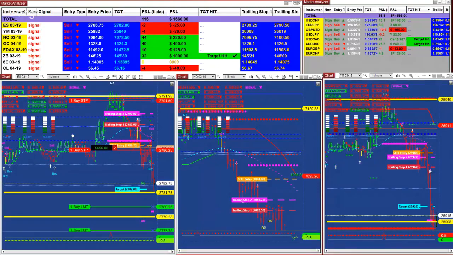We are already done. Very straightforward trade. The target on the ES, 2782, we hit the target.